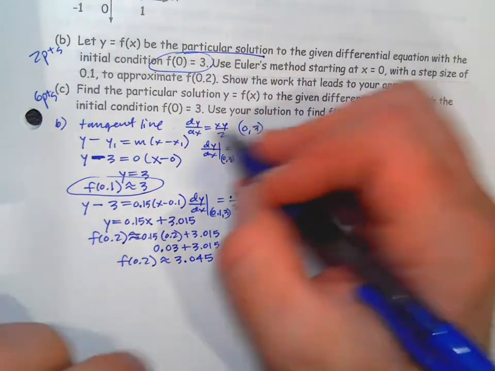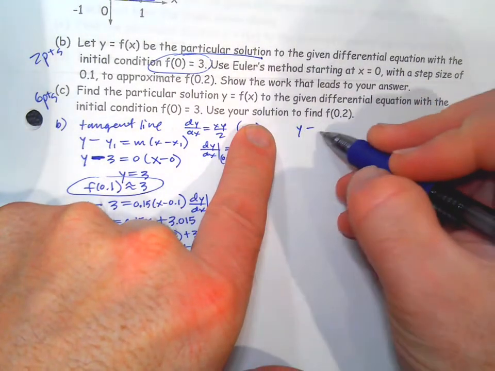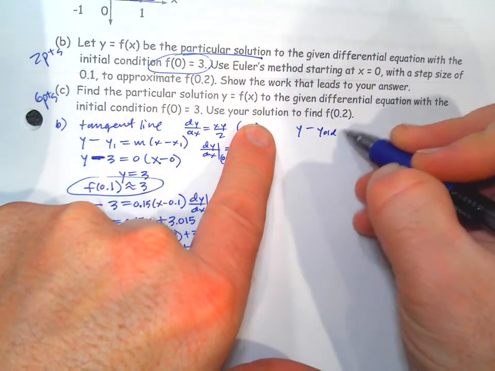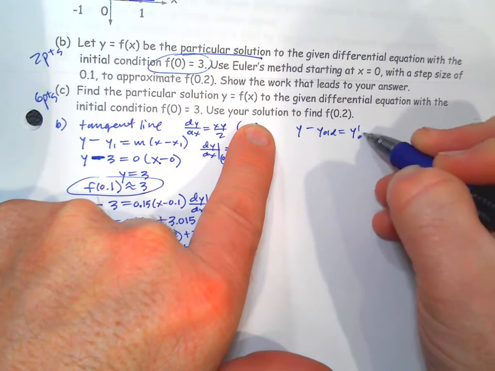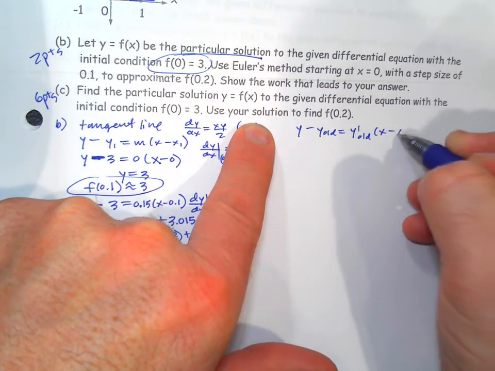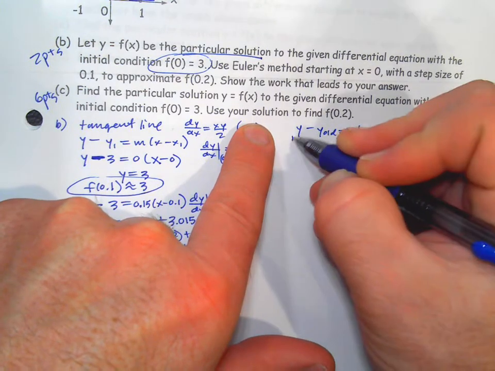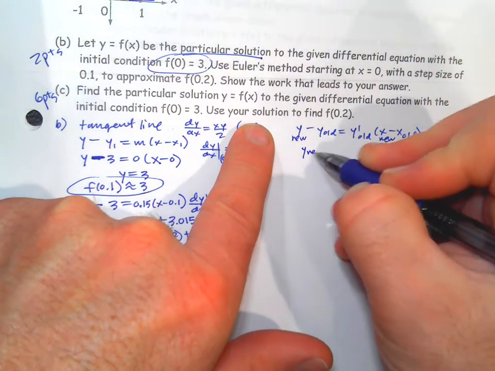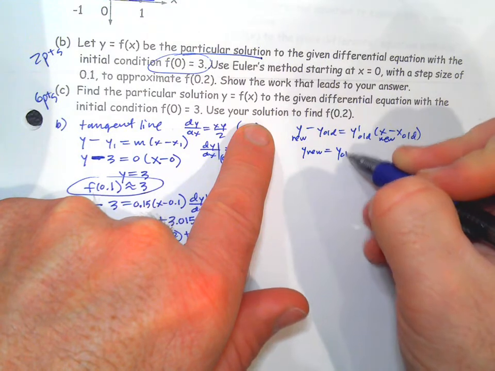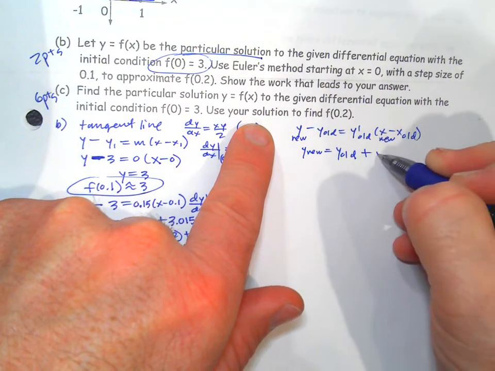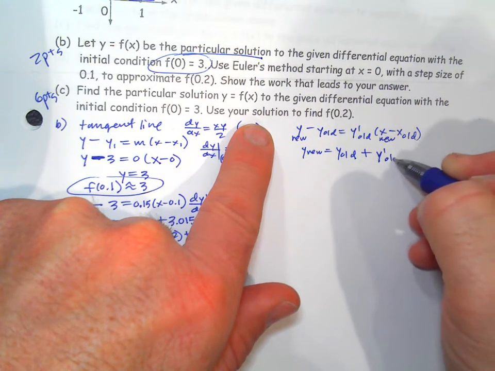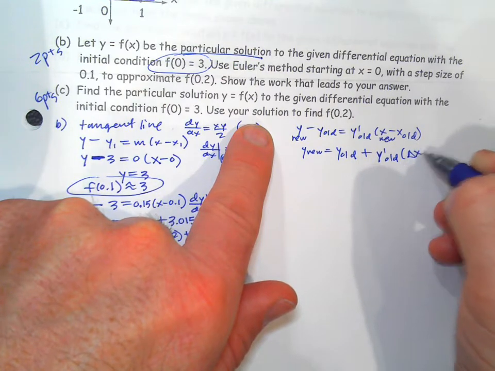Let's try the table. So the table is based off the same idea: y equals y old plus y prime old times x minus x old. You can call this new. So y new equals y old plus y prime old times delta x.